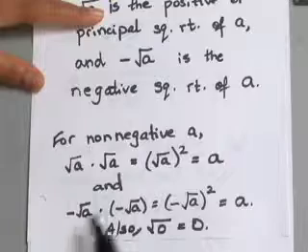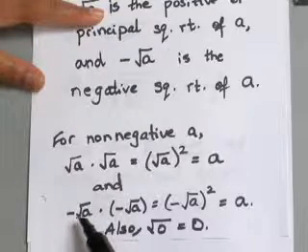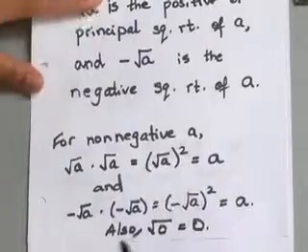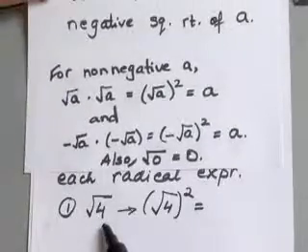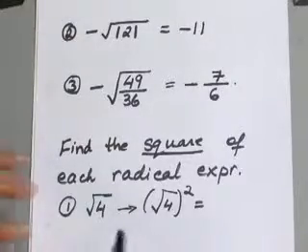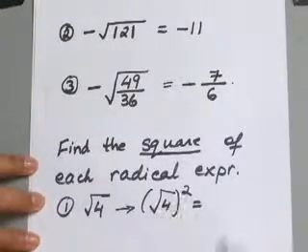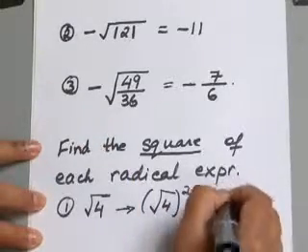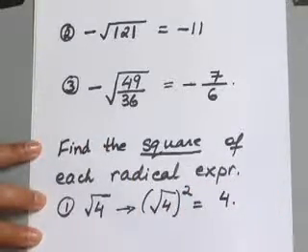If you take a negative square root and square it, you still get the radicand as your answer. So use this property when you're trying to do examples of this form. All right, so we're taking the square root of 4 and we're squaring it. So from that property, we can see that your answer here is going to be only the number 4.